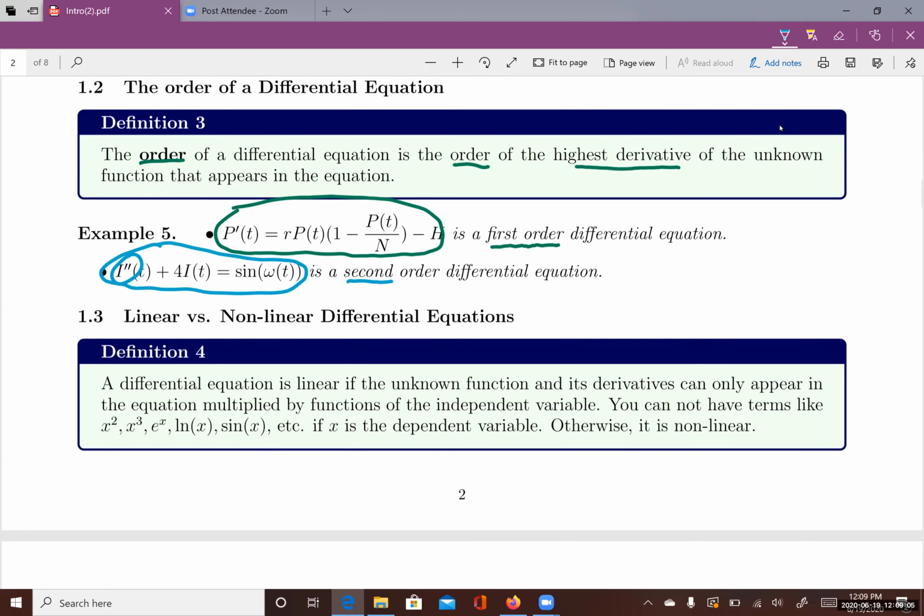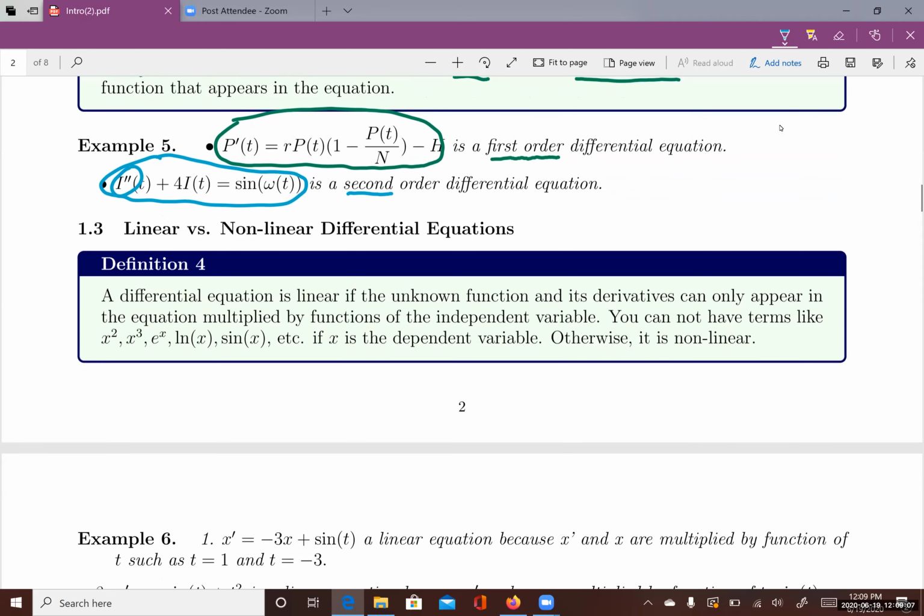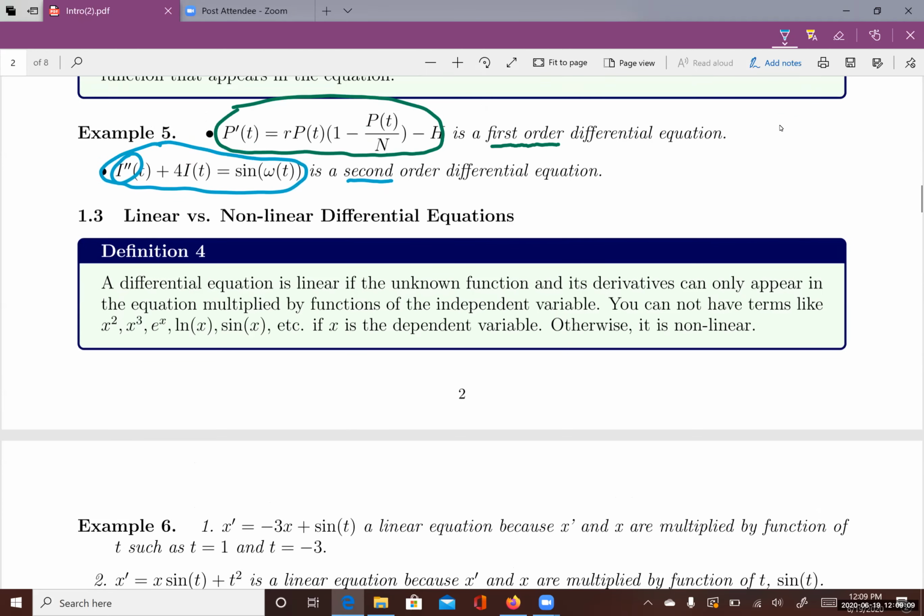All right. The next terminology is linear versus nonlinear differential equations. A differential equation is linear if the unknown function and its derivatives can only appear in the equation multiplied by functions of the independent variable.